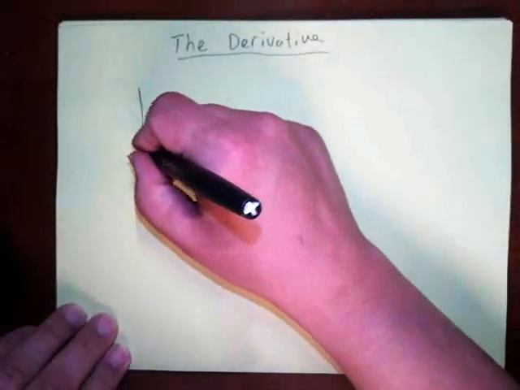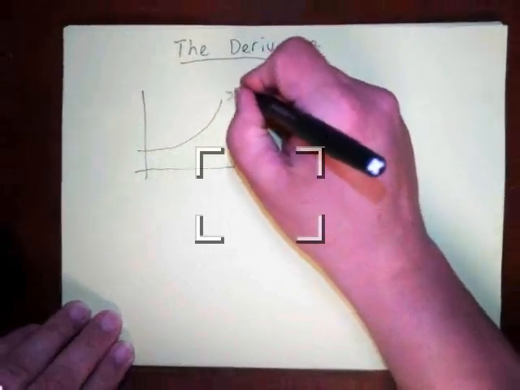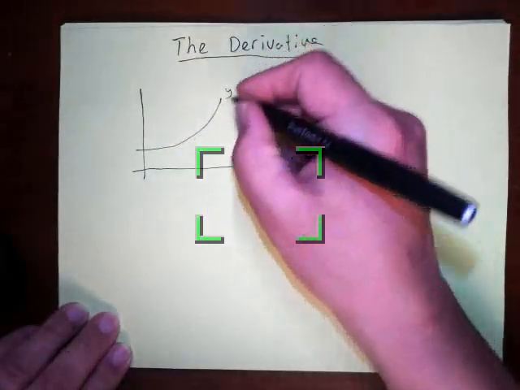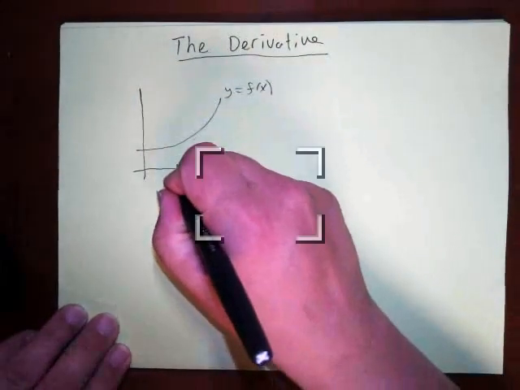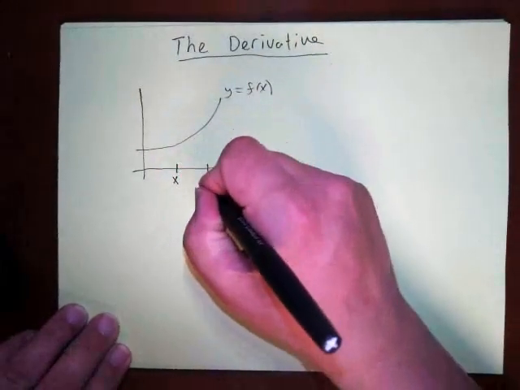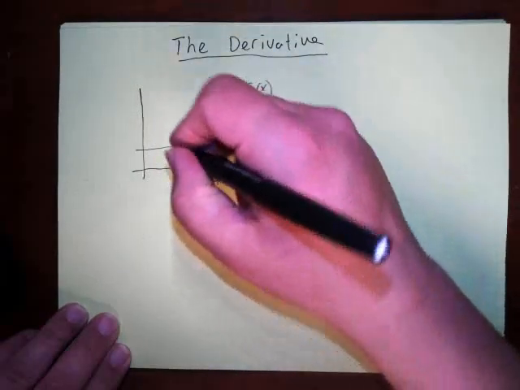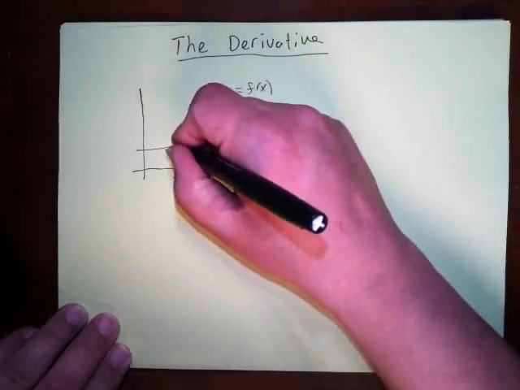If you remember, if we have some function y equals f of x, and we have a point on this function x and another point x plus h, right?